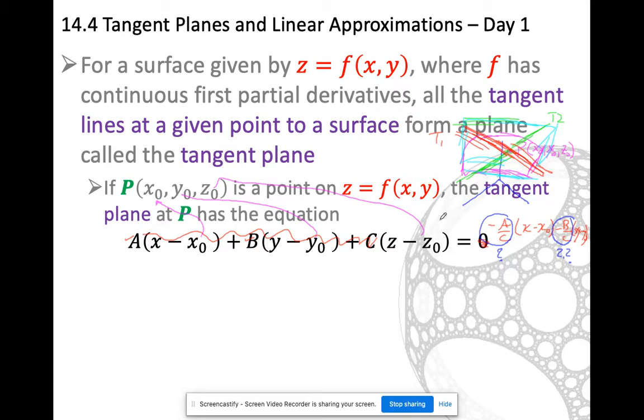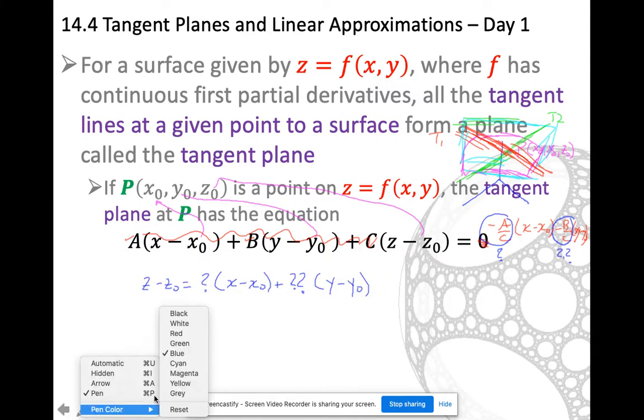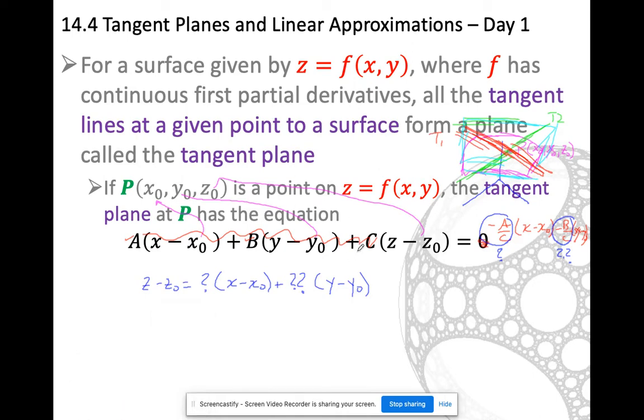Let me write this a little bit better then. So I have z minus z naught is equal to this weird thing. Don't know what this is, that whole negative b over c thing. And this idea that we used in previous lessons about what if I hold the y value to be constant?